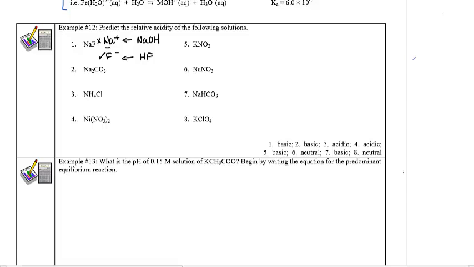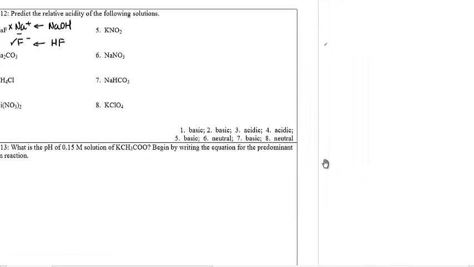And so our analysis of NaF is going to be as follows. What would the fluorine ion do to water? As you take a look over here, the fluorine ion has a negative charge. That means it would want to take in a positive hydrogen ion. Where does it take the hydrogen ion from? It takes it from water. And so consequently, it reforms hydrogen fluoride as well as a hydroxide ion.